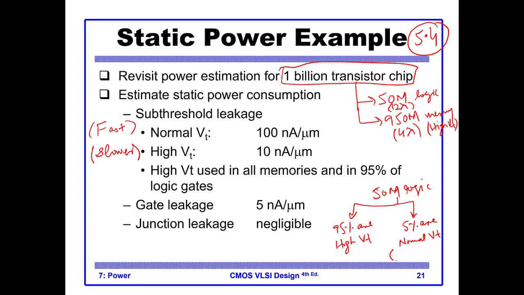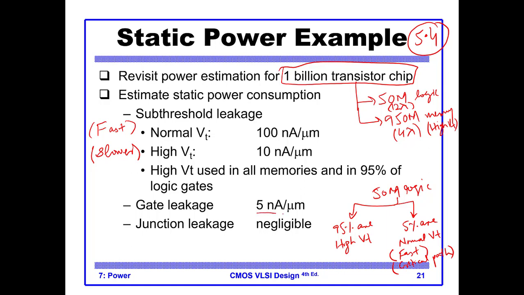These are the fast transistors. They are used in what is called the critical path. When we go to the combinational logic chapter, we will see what the critical path is. They are used in the critical path to speed up your circuit.